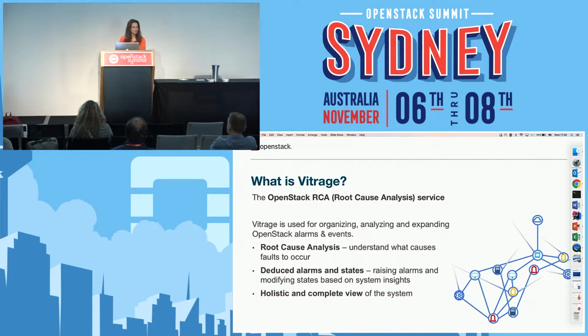And Vitrage can help by detecting the root cause and showing it clearly in the UI. And in the other direction, sometimes not all resources are monitored properly, and Vitrage will raise additional alarms on resources that are affected by the failure, and thus provide a complete and holistic view of the status of the system.